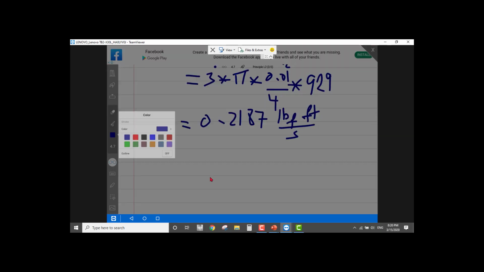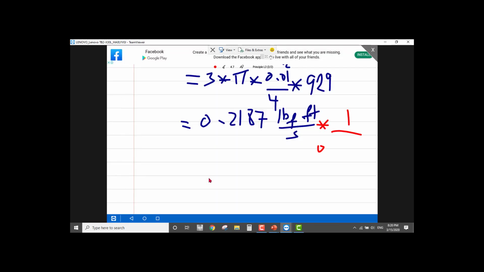So this is multiplied by 1 over 0.737, which is equal to almost 0.3 watt. This is the power for the pump.